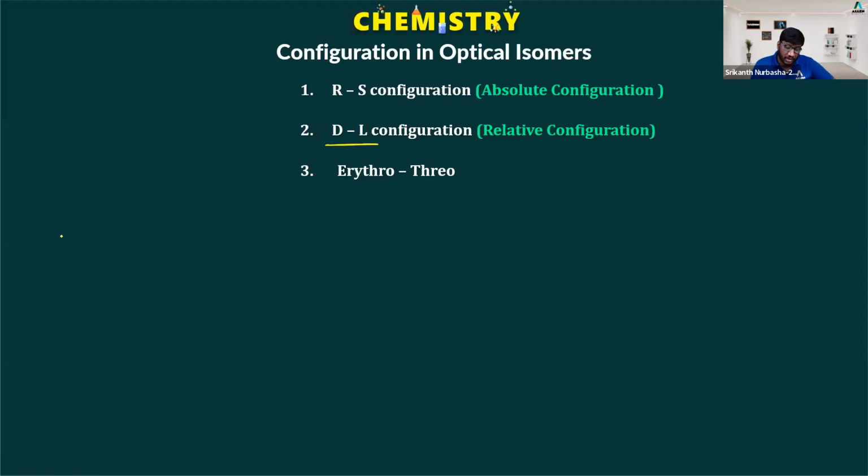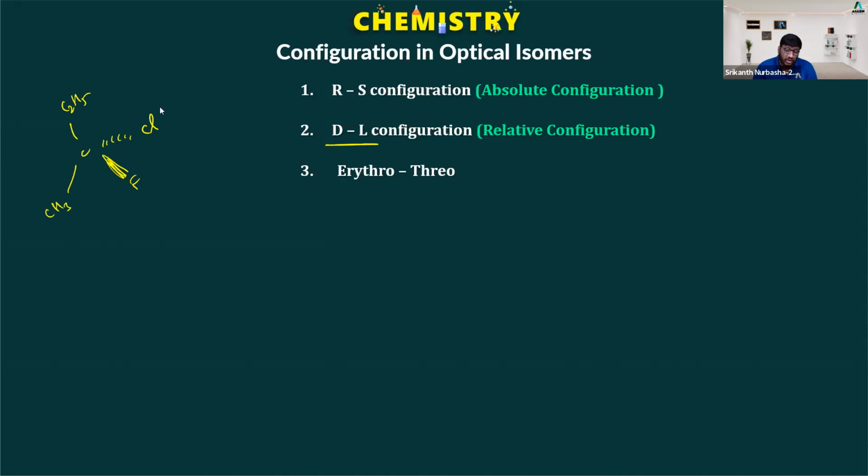As I told you in the last class, if I give you a molecule like this, CH3, C, C2H5, fluorine, chlorine, how are you going to name this particular compound?